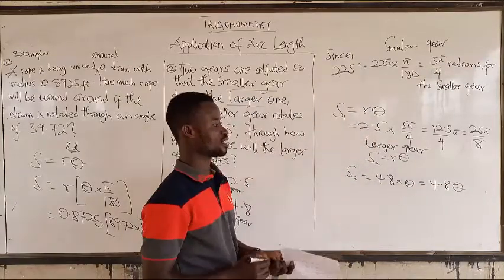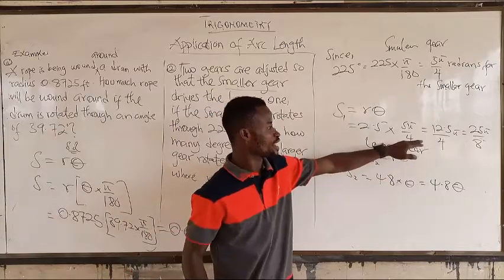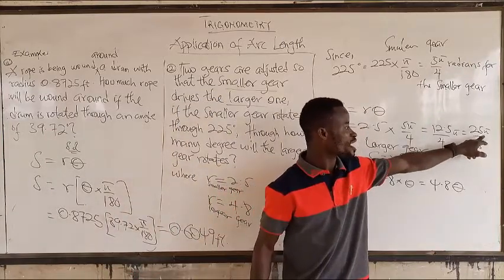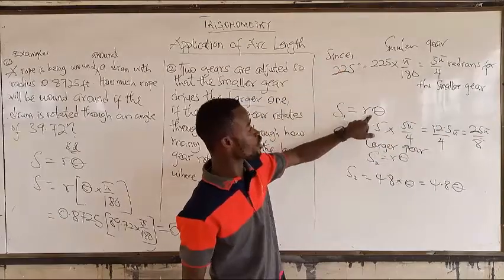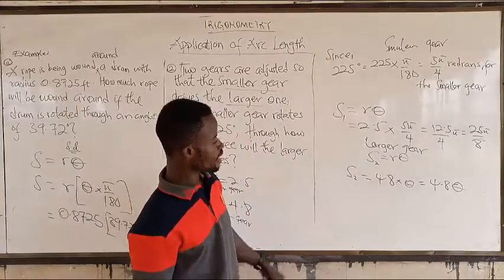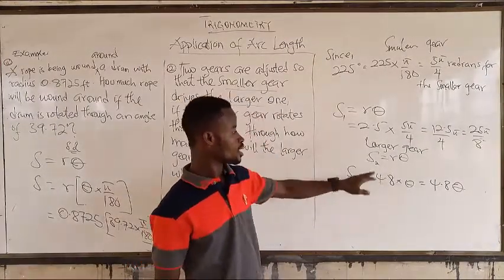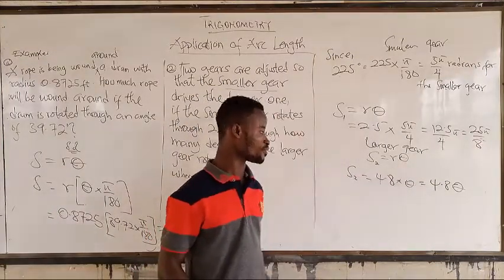Let's leave that. And for the smaller gear, the arc length is 25 pi over 8. That one is known because the radius and the theta are known. So for S2, we don't know the angle, that's why we are doing it like that.